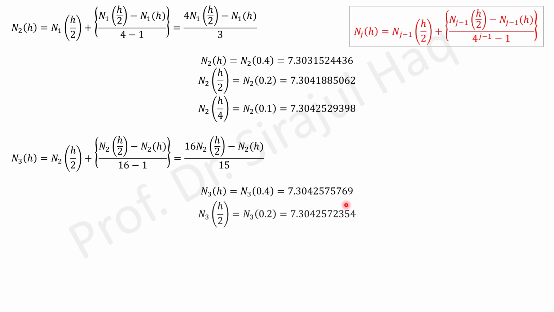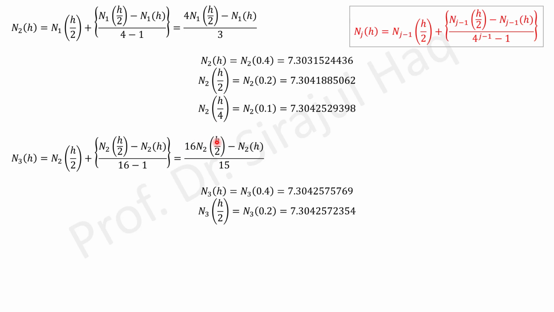Similarly, let's find N3 of h divided by 2. Why? Because for N4 of h, we need N3 of h divided by 2. When I substitute for N3 of h divided by 2, the value of h is 0.2.